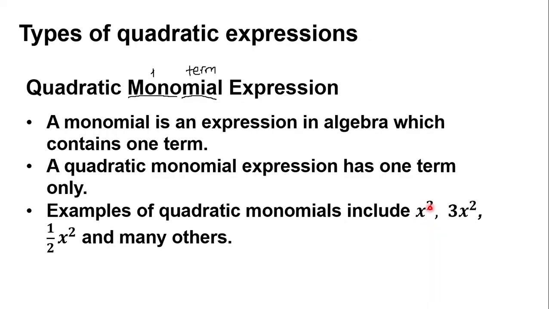as long as the highest power is 2. If you take this one here, is it in the form of ax squared plus bx plus c? The answer is yes.